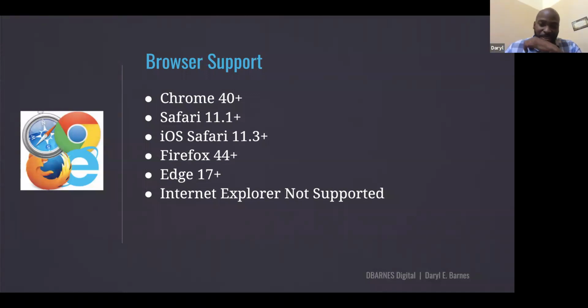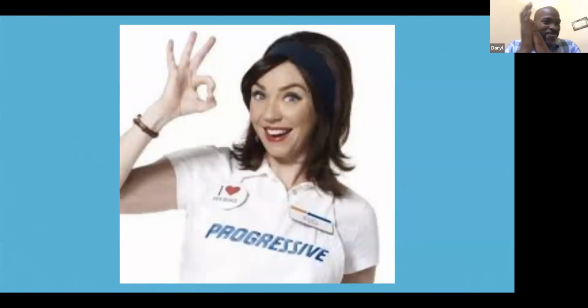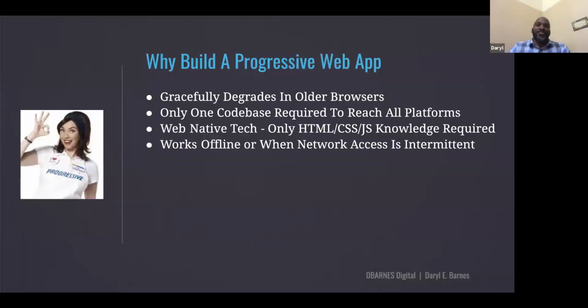But that's okay, because they are progressive. The main feature of progressive web apps is that they gracefully degrade in older browsers. So even if the browser does not support the features of a progressive web app, older browsers still display your website just like any other website you might build.